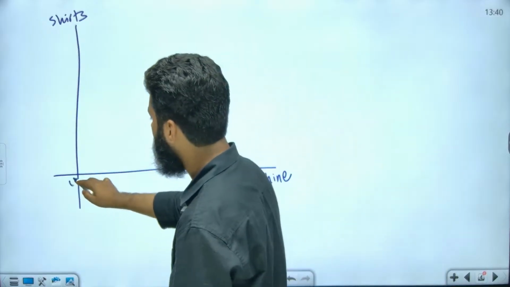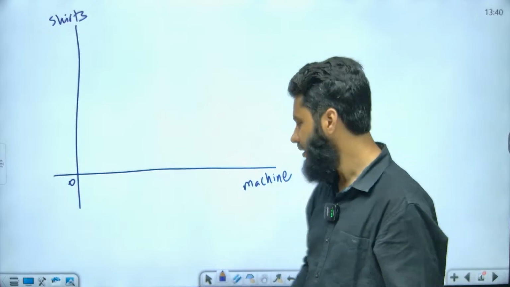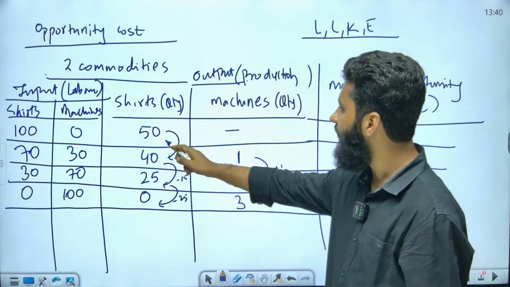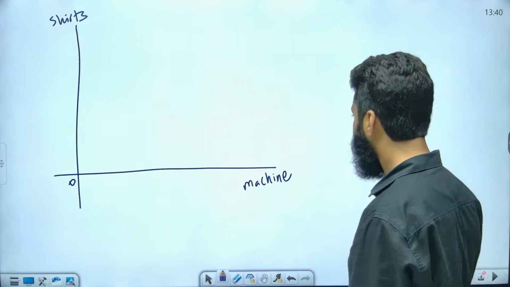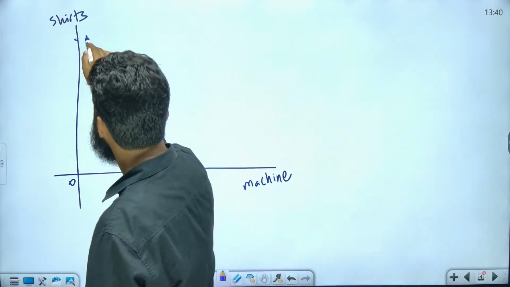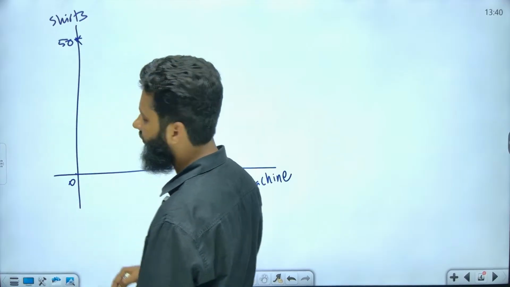This is 0. When you are producing 50 shirts, you are producing 0 machines. So 50 shirts and 0 machines is the first point that we have.